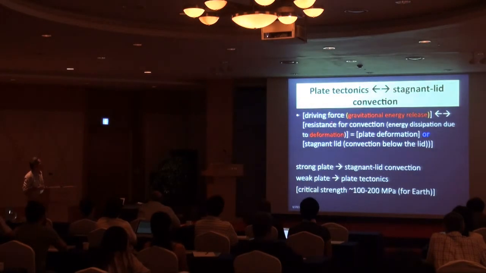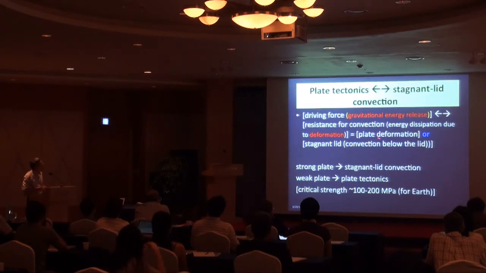So the mode of convection is controlled by this: if convection occurs, there must be some balance of force or energy dissipation. Convection is driven by gravitational energy, and by convection you have to dissipate energy by plate deformation or deformation in the interior of the plate. And then you have a choice of two modes of material flow.